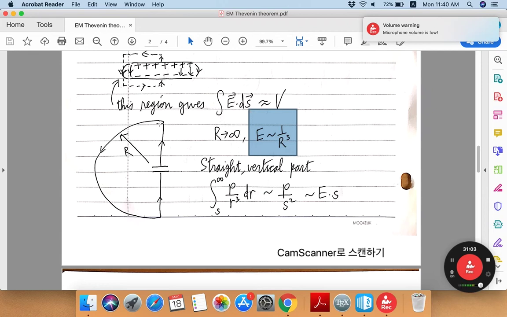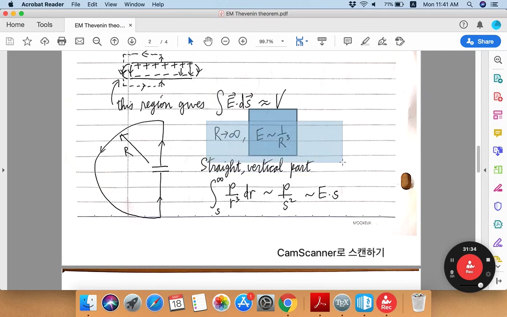Okay, and so therefore, regardless of which direction the electric field may be pointing, the line integral of the electric field performed along this big semicircle is going to be on the order of inverse r cubed multiplied by the length of the integration path, which is r, and that's just 1 over r squared, and 1 over r squared goes to 0 as r goes to infinity. Okay, so it's pretty clear that the line integral contribution from this large semicircle is going to be 0.